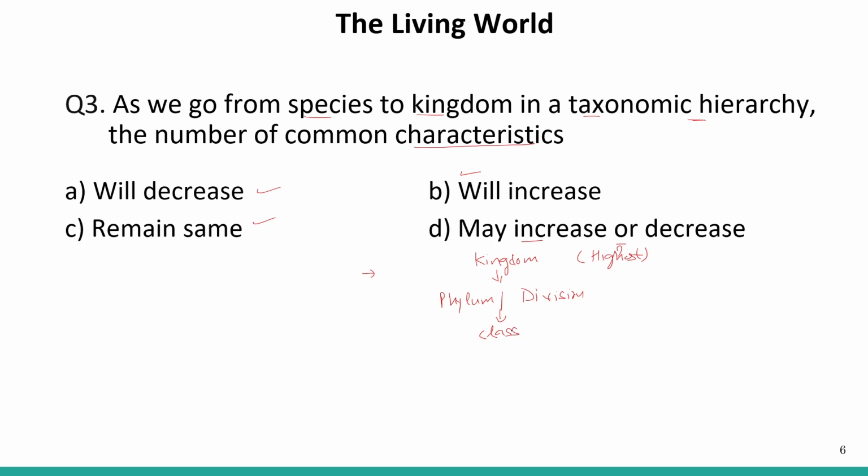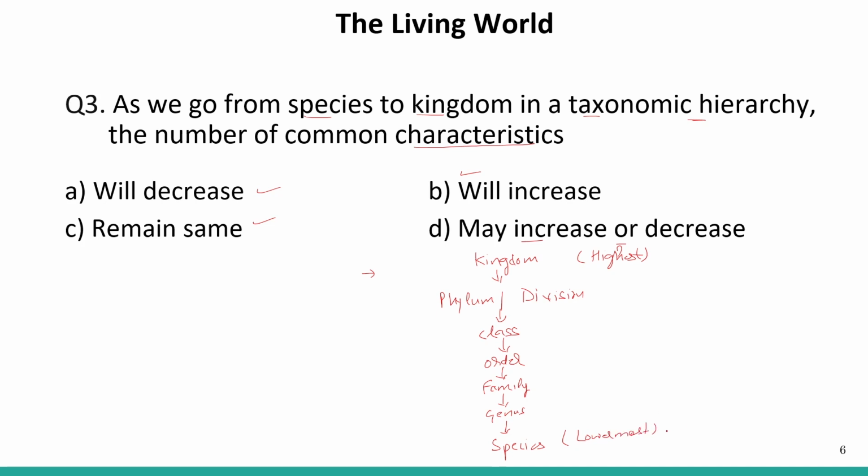Class. Lowermost to phylum is class. Then we have the order. Then comes the family. Okay. Then we have the genus, and the lowermost taxon is what? Species. Okay, see, species is the lowermost.